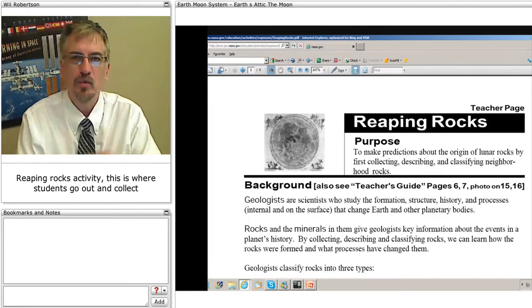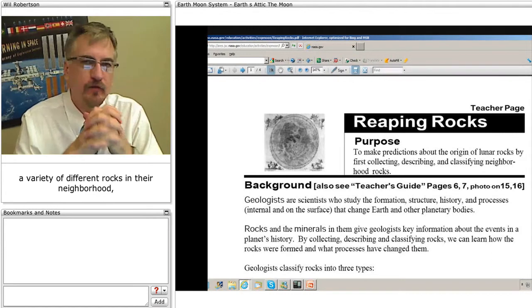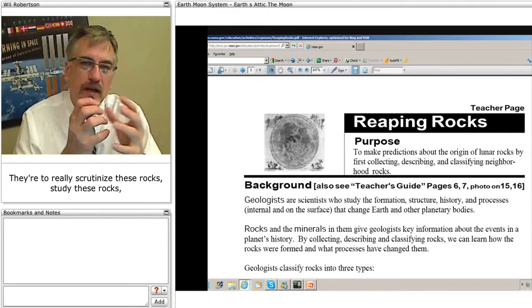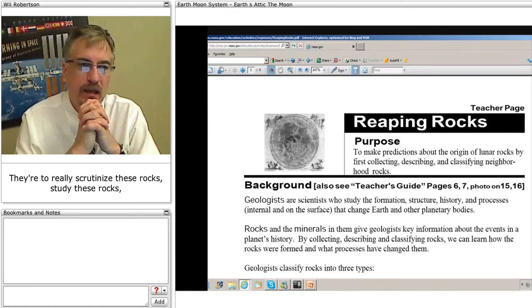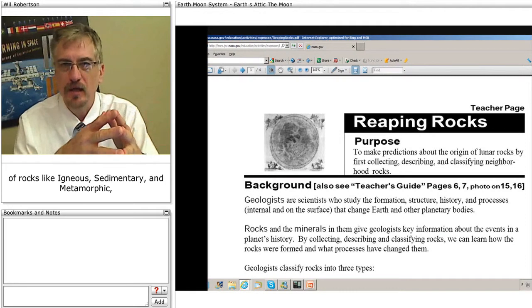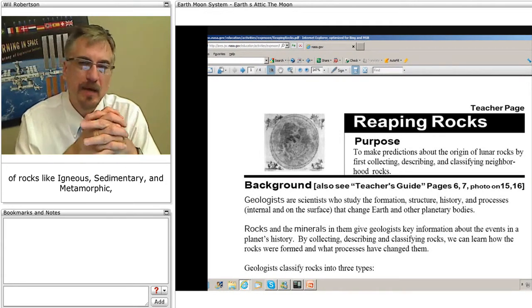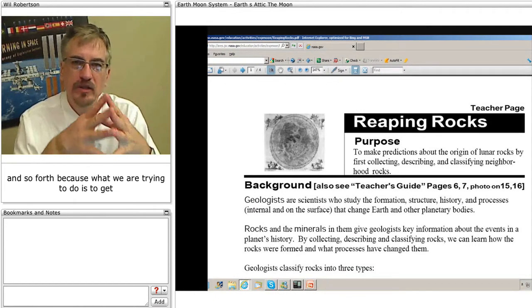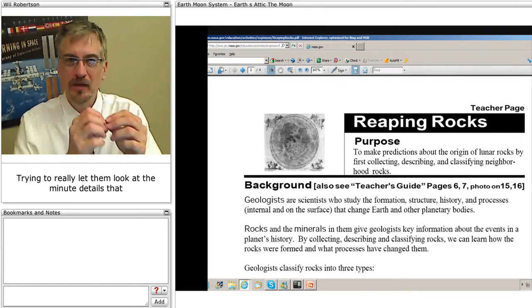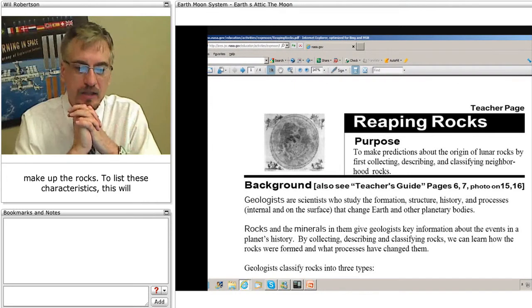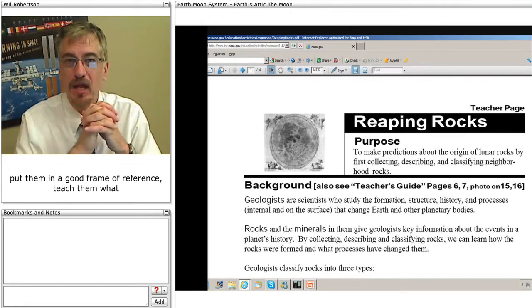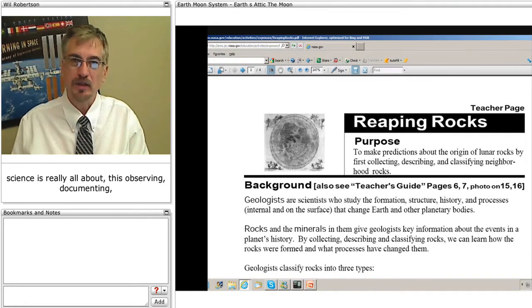Reaping rocks activity. This is where students go out and collect a variety of different rocks in their neighborhood, around the school ground, or wherever they are, and they're to really scrutinize these rocks, study these rocks, and they really should be different types or different classes of rocks, like igneous, sedimentary, and metamorphic, and so forth, because what we're trying to do is to get the students to think sort of like a crime scene investigator, really letting them look at the minute details that make up the rocks and to list these characteristics, because this will put them in a good frame of reference and teach them what science is really all about.